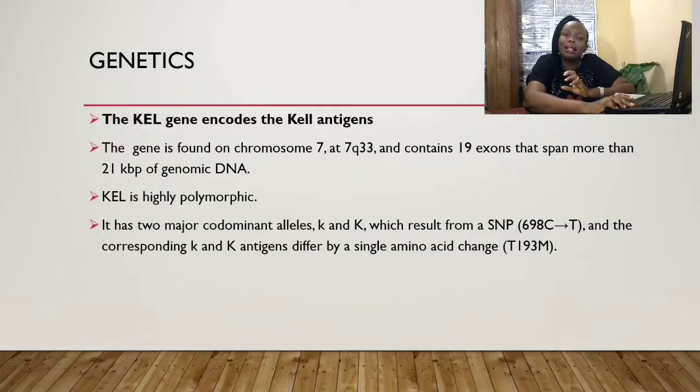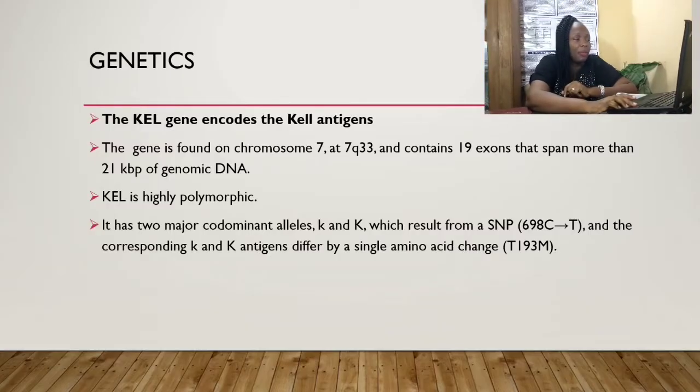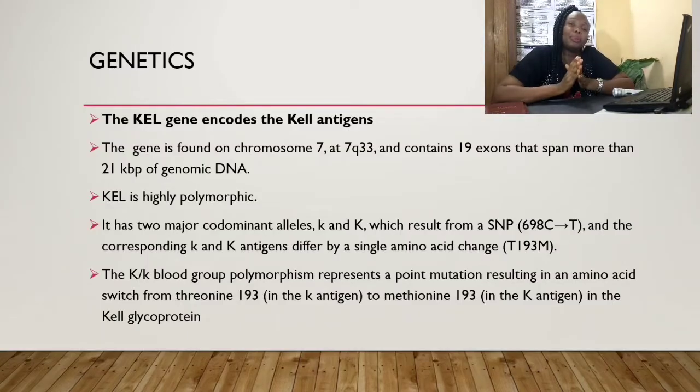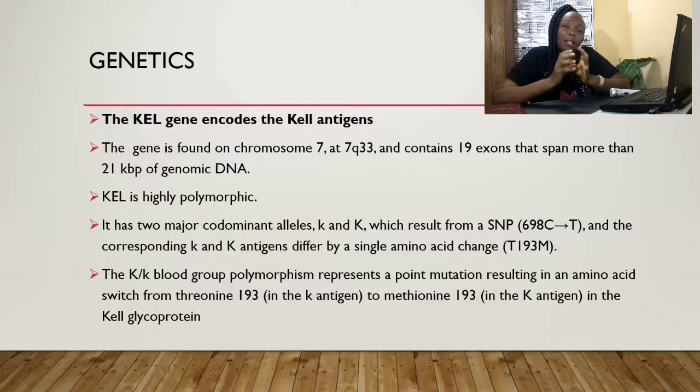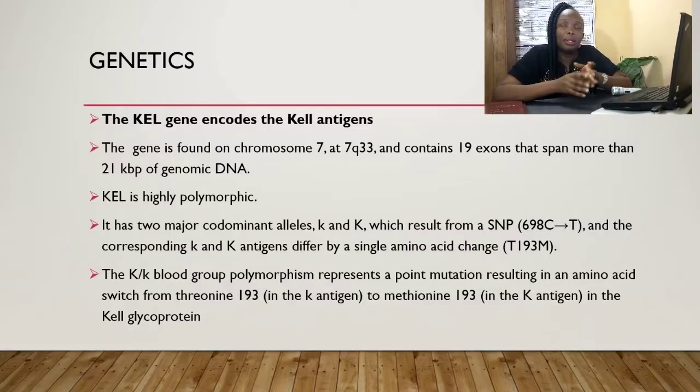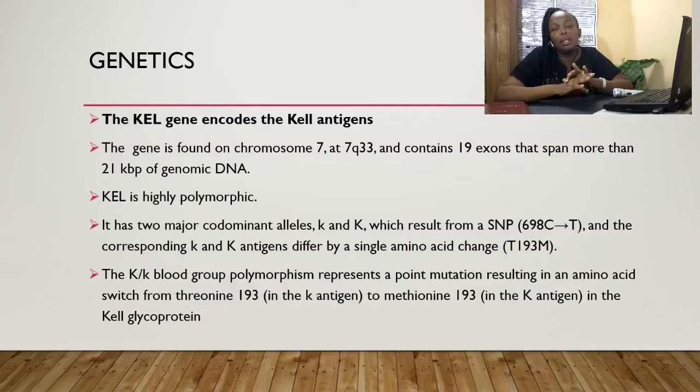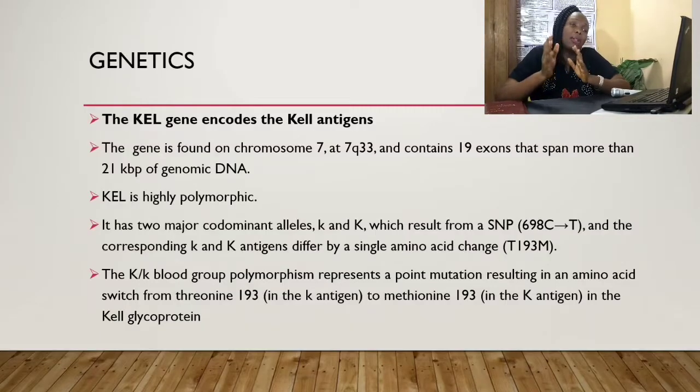And like I said earlier, this gene is highly polymorphic. And the two major antigens, the big K and the little k, the only difference between them is just one amino acid difference.